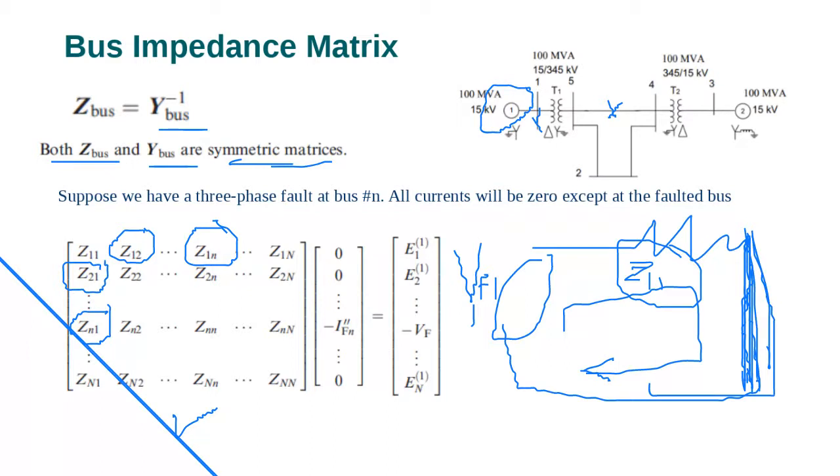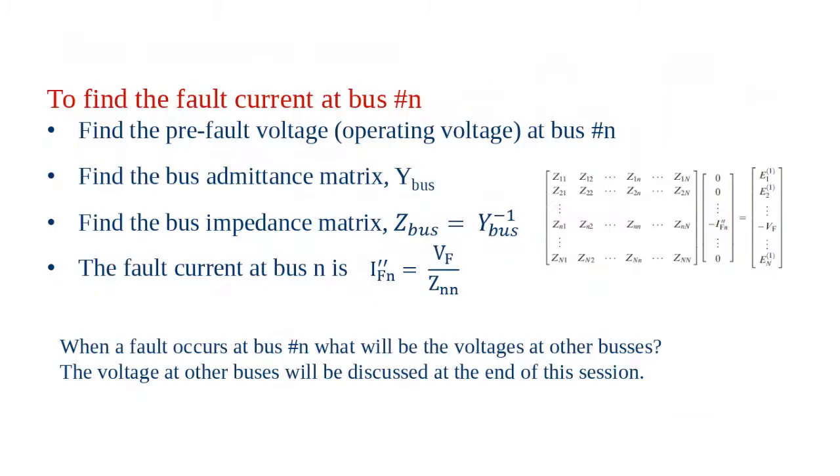So here, the three-phase fault happens at bus number n. How do we find it? Very simple. Then we can just find it from here, and this is the fault current. You see how easy it becomes with the admittance matrix, with the Y bus, without too many calculations.